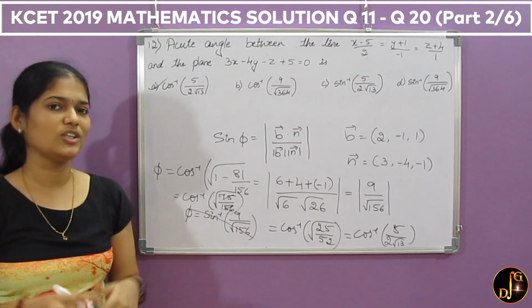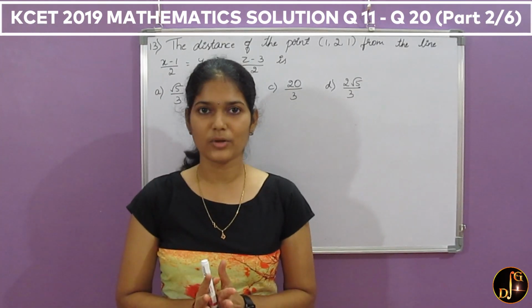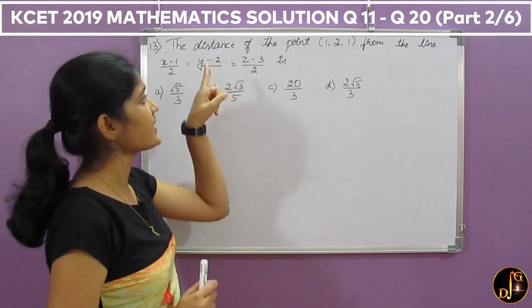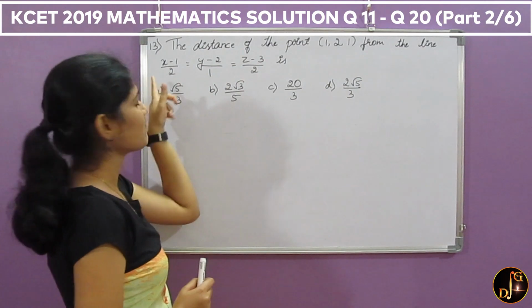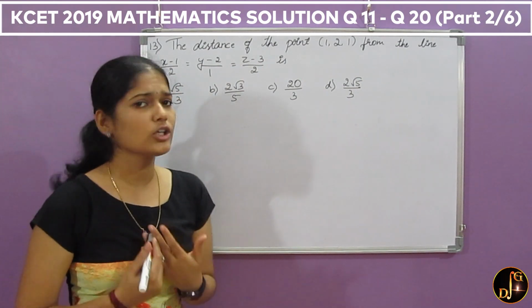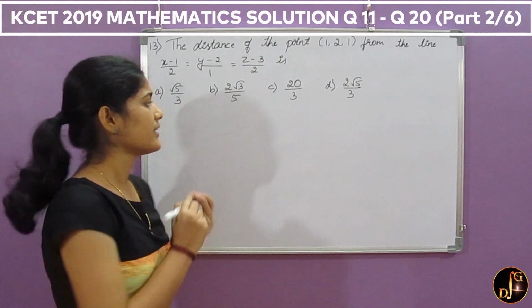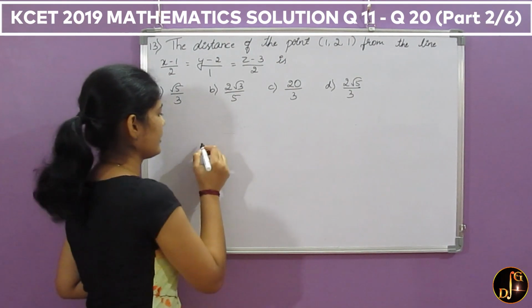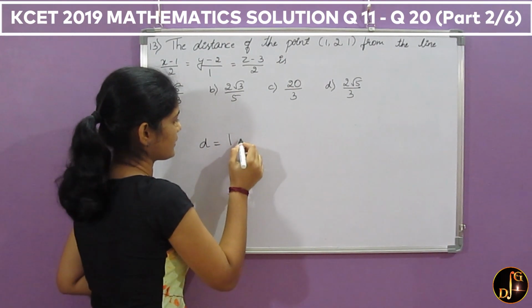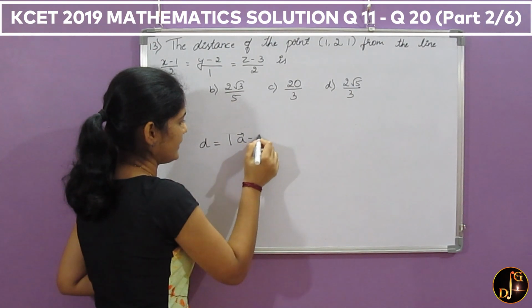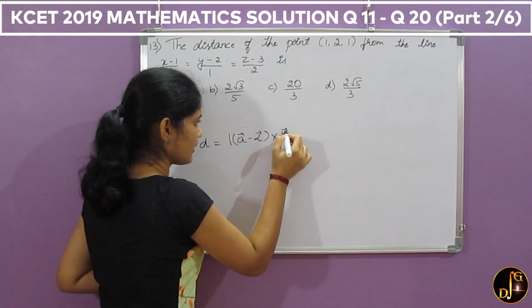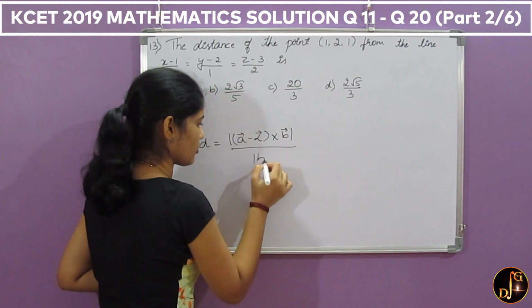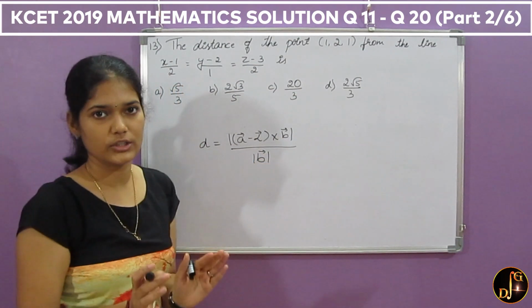Now let's move on to the next problem. In this problem, we have to find the distance of the point 1, 2, 1 from the line. The line is given. We know the formula for that, right? That is nothing but D is equal to modulus of A minus alpha cross B divided by modulus of B. We already know this formula.